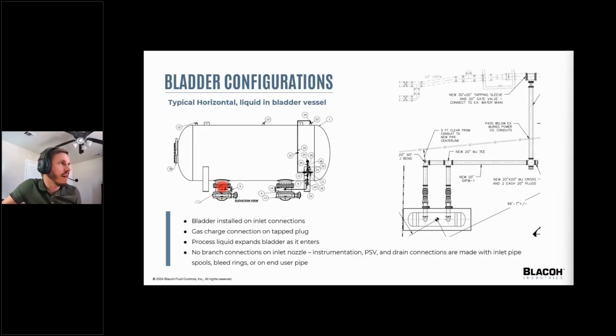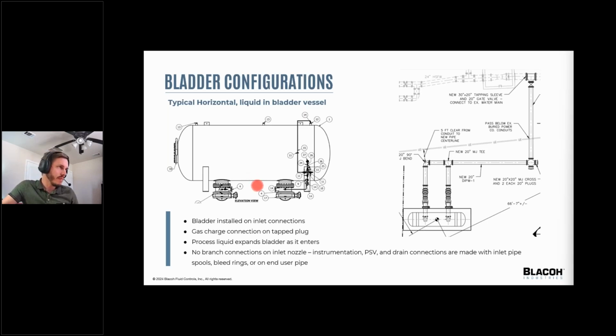I'll go back to this slide to show you this inlet nozzle connection right here. The screen goes up to the bottom surface of this vessel to cradle that bladder and keep it from trying to extrude through that inlet nozzle, maybe on a vacuum condition or when you're pre-charging the bladder.